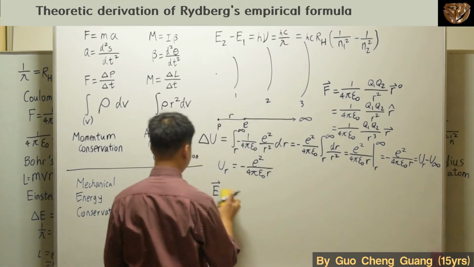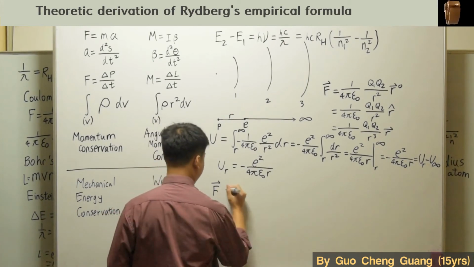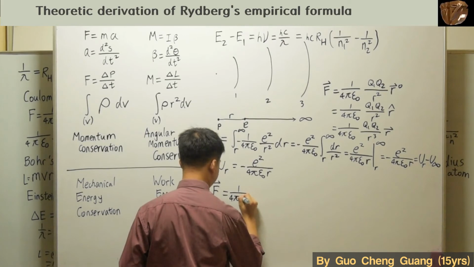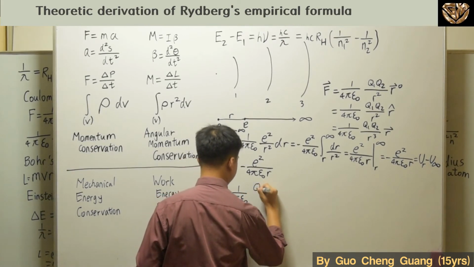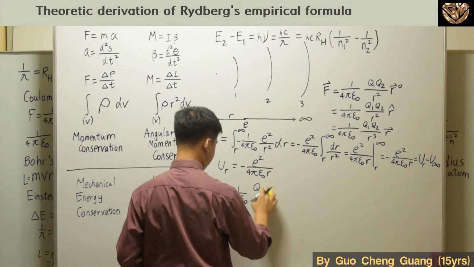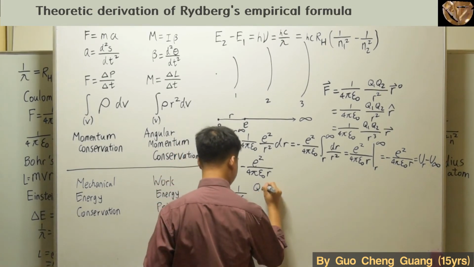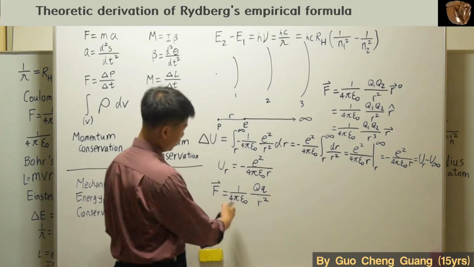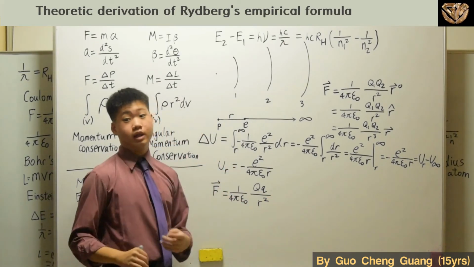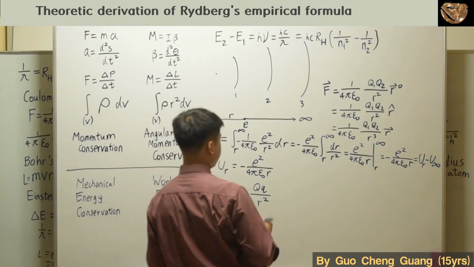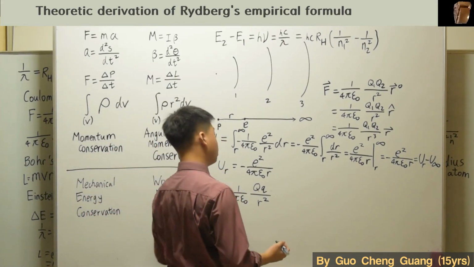Okay, let's start with F. F is 1 over 4 pi epsilon naught Q1 Q2, alternatively capital Q, small q, over r squared. And of course, this part, you can also write it as K. So this is your electrostatic force or Coulomb's force.